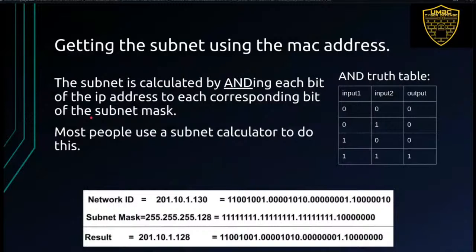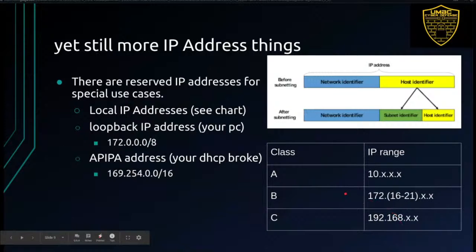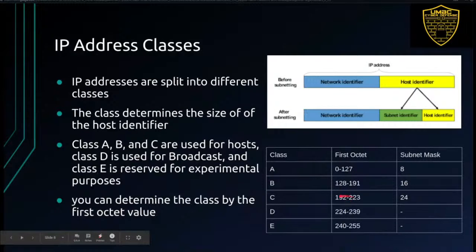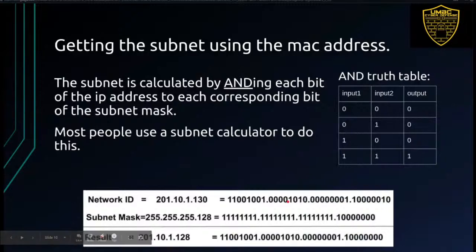In the IP address example here, with the MAC address, since 201 is a class C address, if we go here, yep, 201 is a class C. That means the only bits we're going to be worried about are this last set.